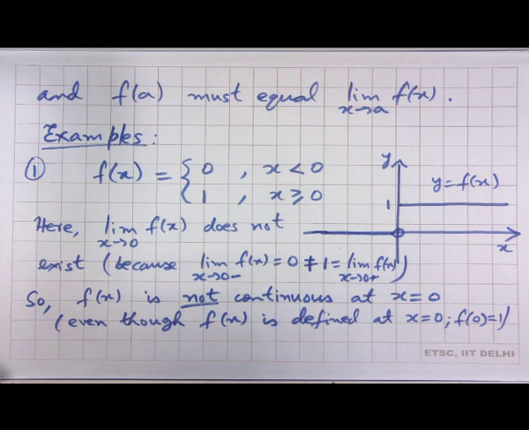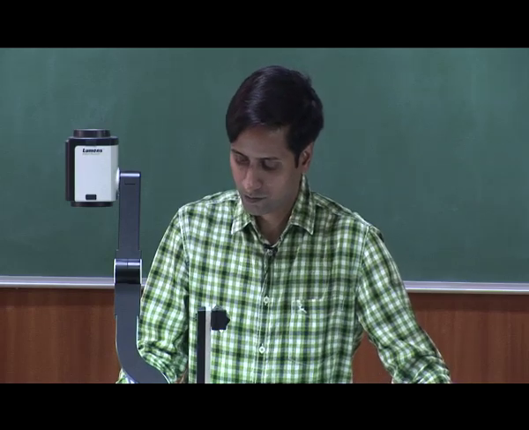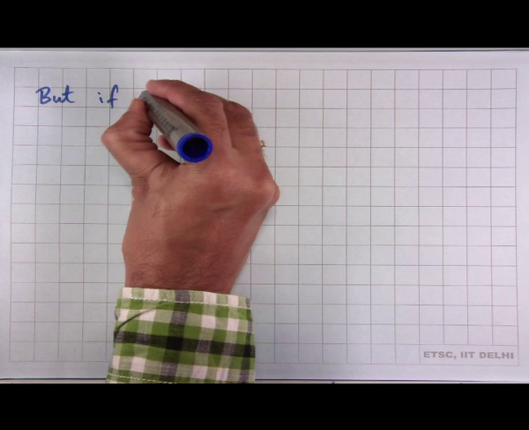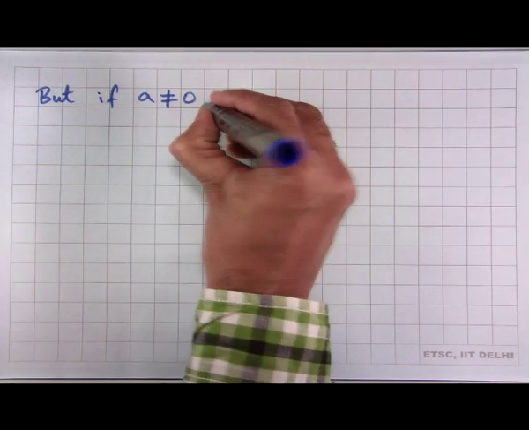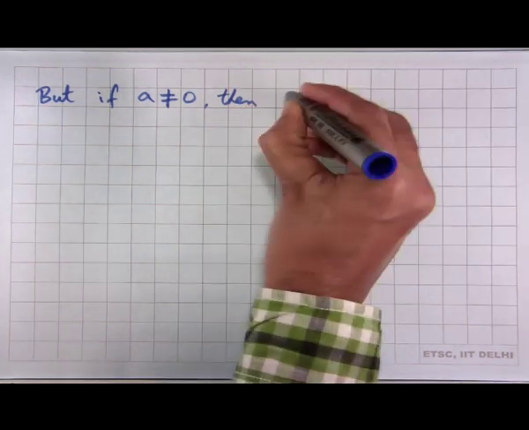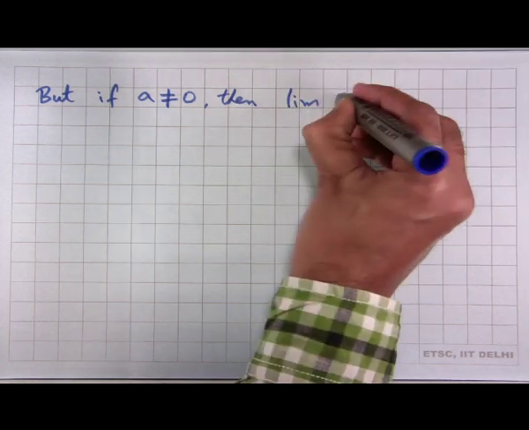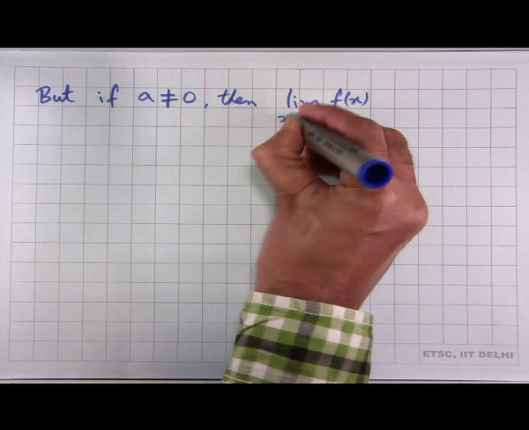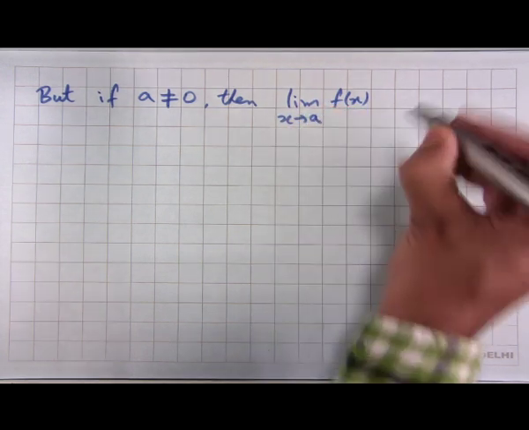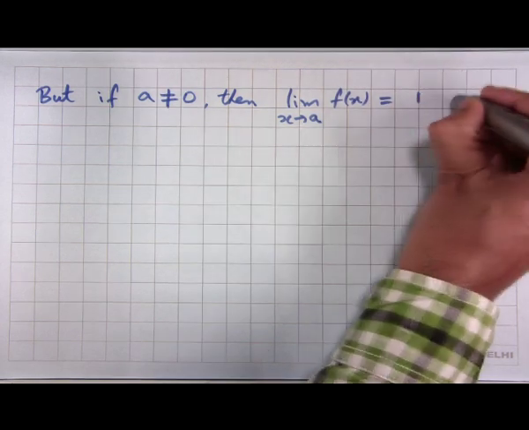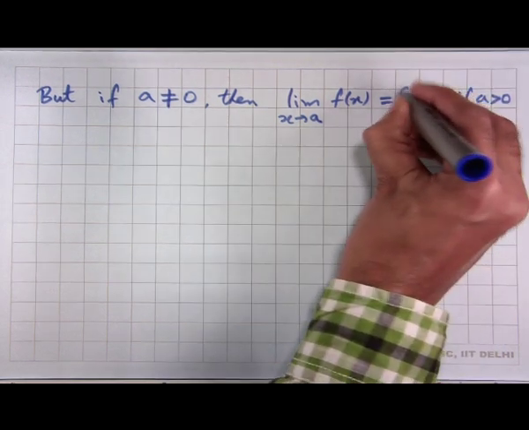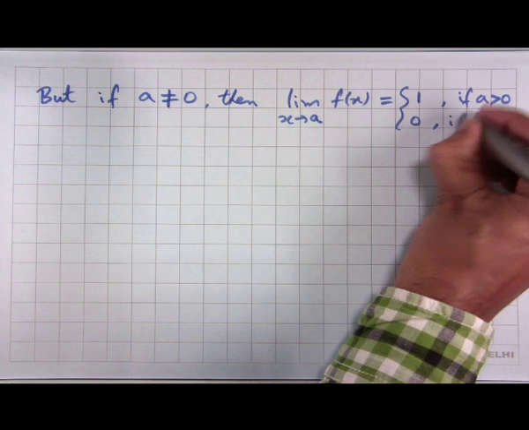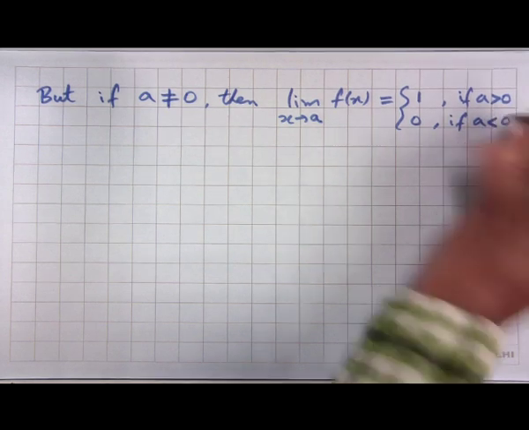But if you take any point other than 0, that is, if a is not equal to 0, then the limit of f of x as x approaches a is equal to 1 if a is strictly positive, and is equal to 0 if a is strictly negative.